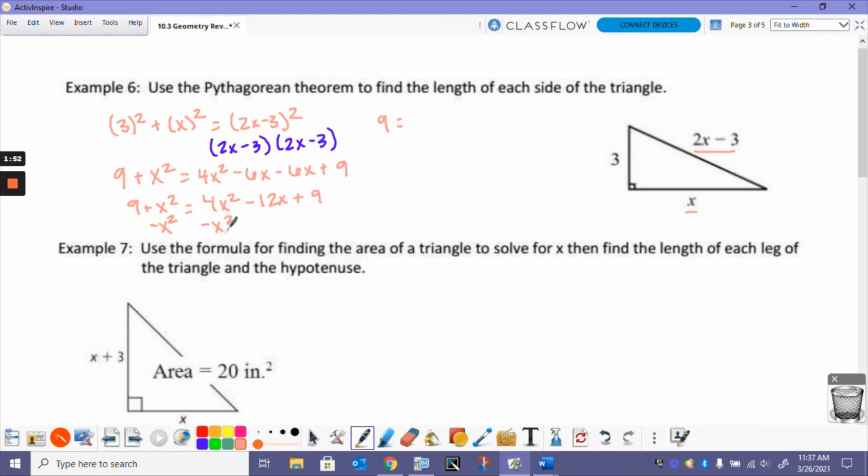So 4x squared minus x squared gives us 3x squared. And then we set this equal to 0 by also subtracting 9 from both sides. So we have 0 equals 3x squared minus 12x.